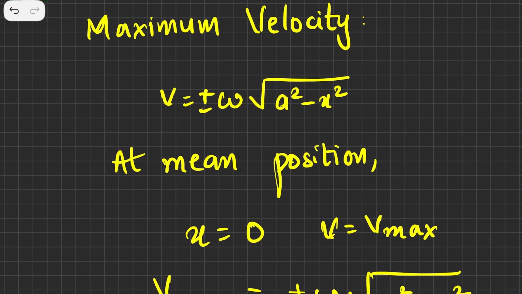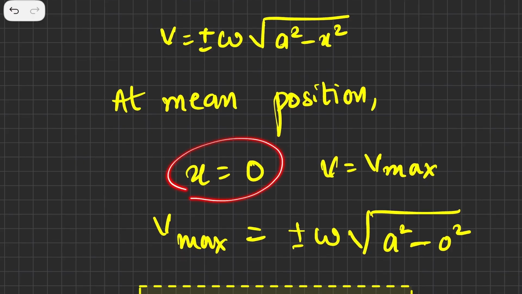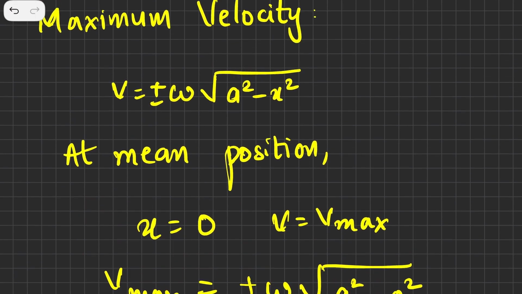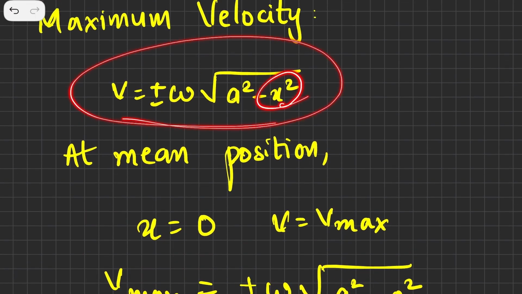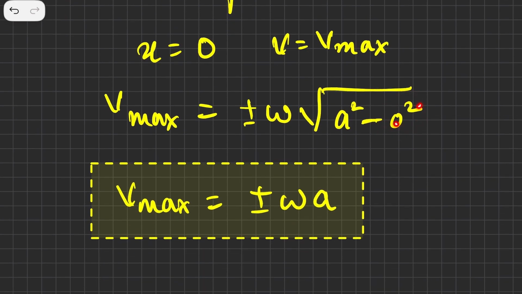So we know that maximum velocity is at the mean position, where x is equal to 0. So maximum velocity is equal to plus minus omega root of a square, and wherever there was x in this equation I have put a 0. Now 0 square is 0, and a square minus 0 is a square, and root of a square gets cancelled and you get only a.